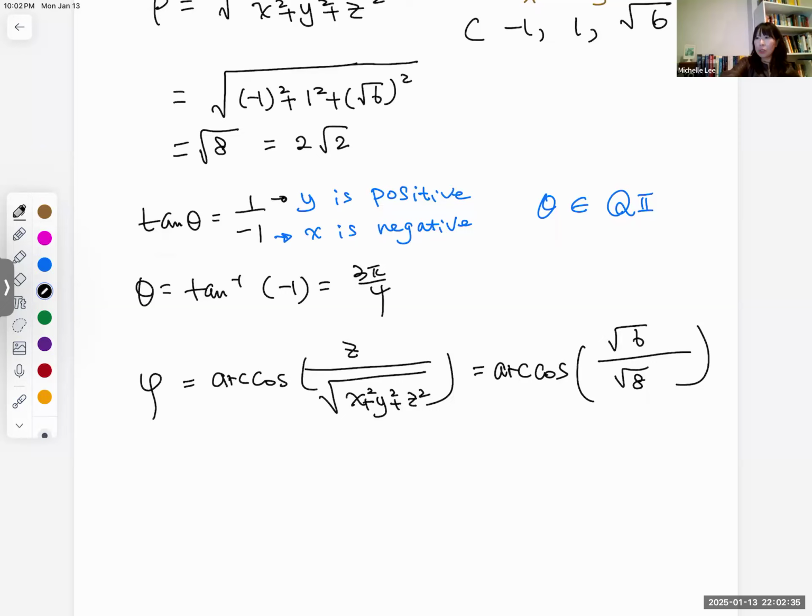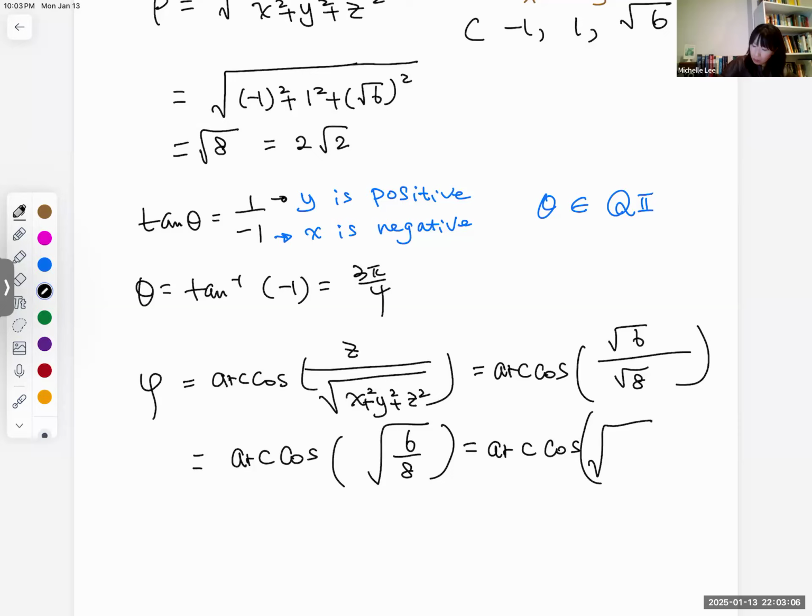This is a nice number. So we simplify, and we will get arc cosine of the square root of 6 over 8.